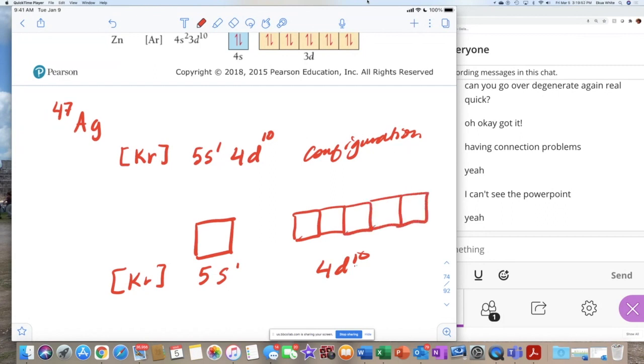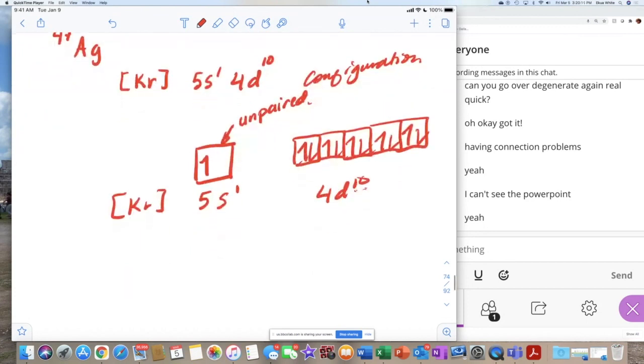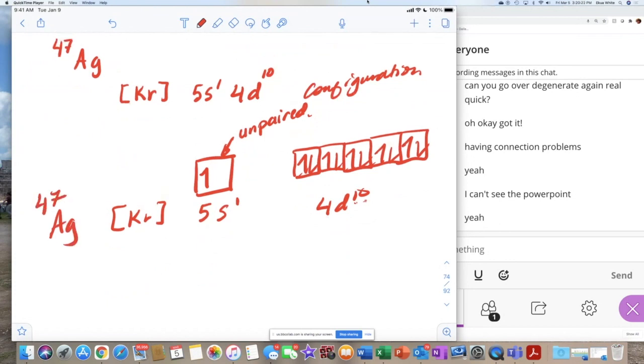This one here has 10 electrons. It's full. That's what helps silver become very stable. Up, up, up, up, up. Down, down, down, down, down. 10 electrons. This one only has 1, so it's up. So this is obviously unpaired. Because silver has an unpaired electron, or when I was learning this, my teacher said partially filled. I like the term partially filled better because of the way I remember things. Okay, let me share this with you. This is what, 47?